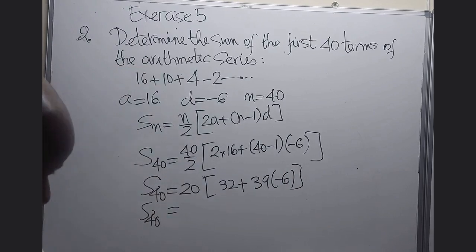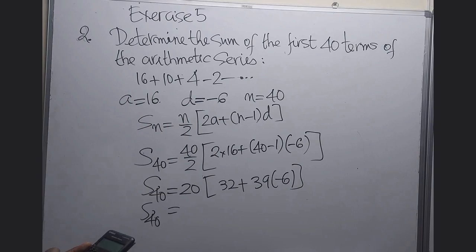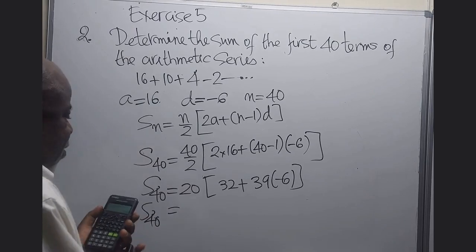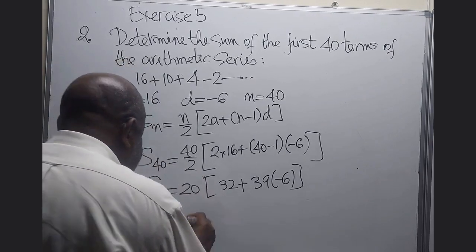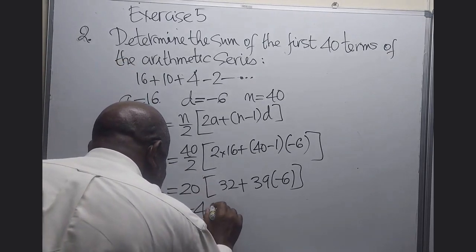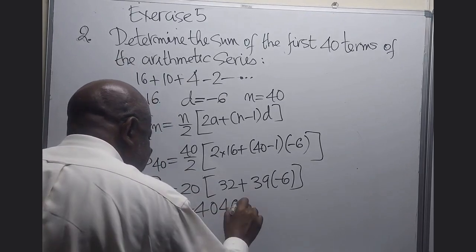What are we going to have here? 40 multiplied by 32 plus 39 times negative 6. Then we're getting negative 4040.